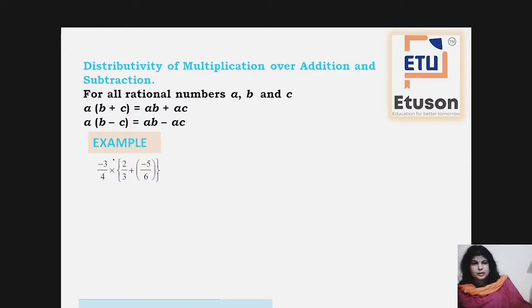This will be clear if we solve this problem. You have minus 3 by 4 into 2 by 3 plus minus 5 by 6. How are you going to do it? Using the distributive property, I will open the parenthesis: minus 3 by 4 into 2 by 3 plus, in another bracket, minus 3 by 4 into minus 5 by 6.